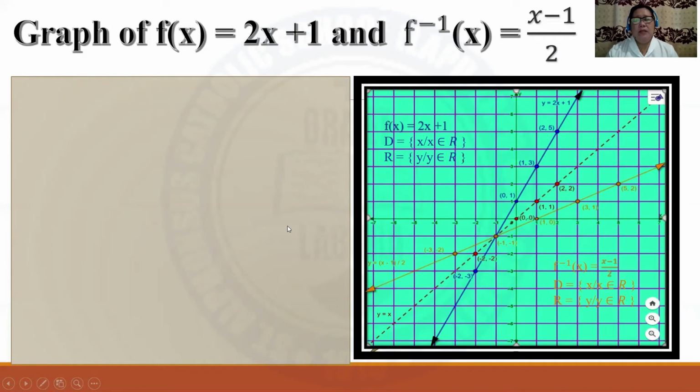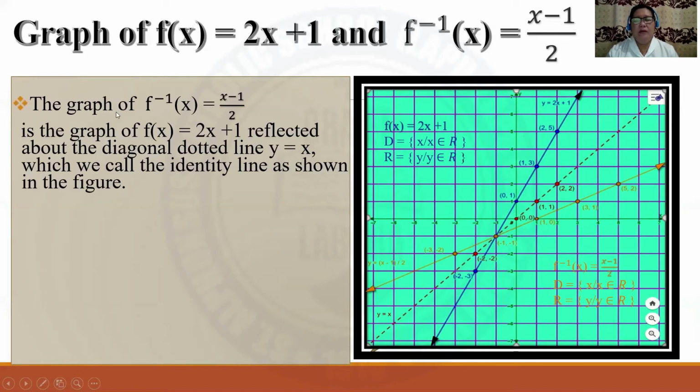So this is now the graph of the function f of x is equal to 2x plus 1 and f to the negative 1 of x is equal to x minus 1 over 2. The blue one will represent the function, the yellow one will represent the inverse function, and the dotted line, the red one, will represent the identity line.